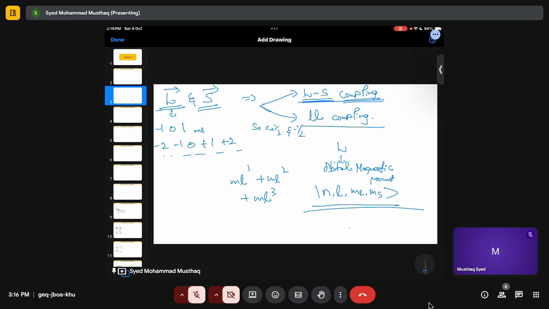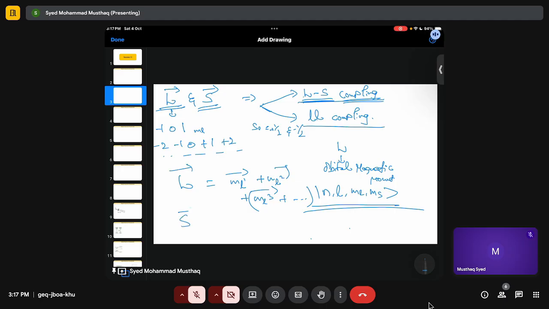It is a number, not a square. Let me denote L as a subscript so it's easier to understand: ML1, ML2, and so on. All these values will get added up for all the electrons. Then you will have a resultant L.